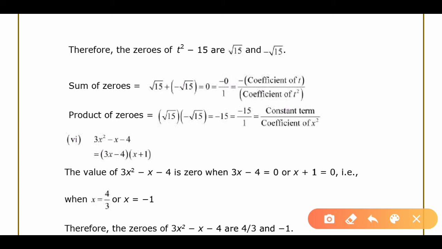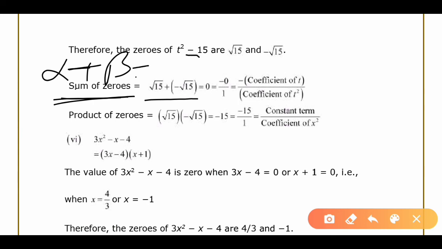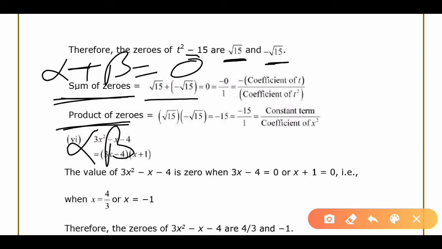So now we'll calculate the sum of the zeros, that is alpha plus beta. Putting the values of alpha and beta, we get 0 here, because alpha is equal to under root 15 and beta is equal to minus under root 15. Now next, the product of zeros, that means alpha into beta.